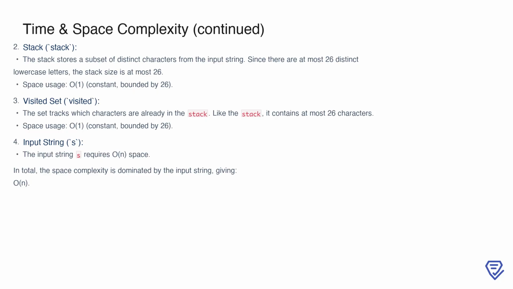Similarly, the visited set, which keeps track of characters already in the stack, is limited to 26 entries, so its space usage is also 1. The input string itself, however, requires n space because its size grows with the length of the input. Therefore, the overall space complexity is dominated by the input string, resulting in n total space usage.